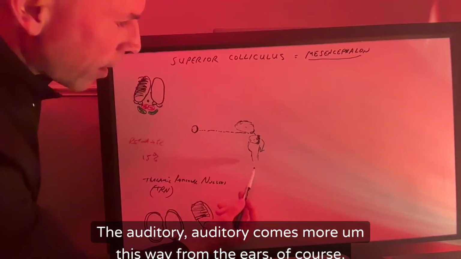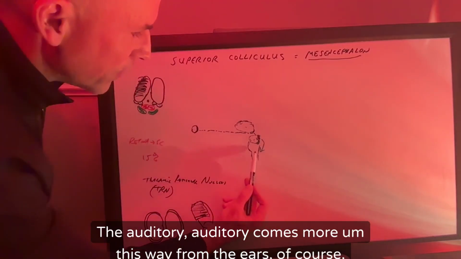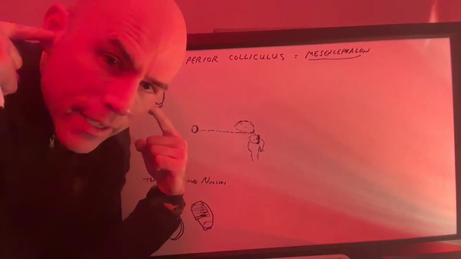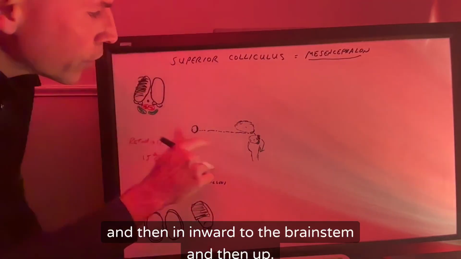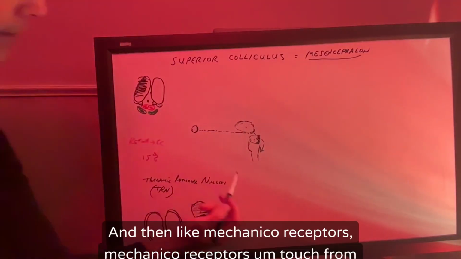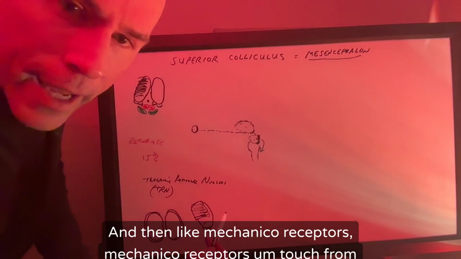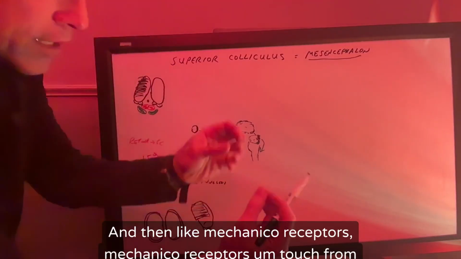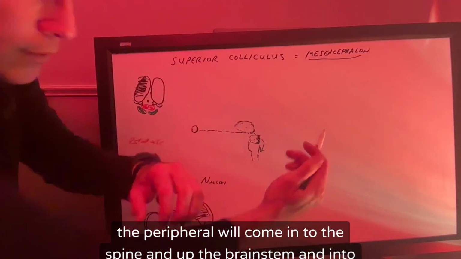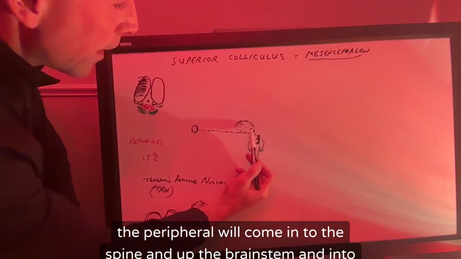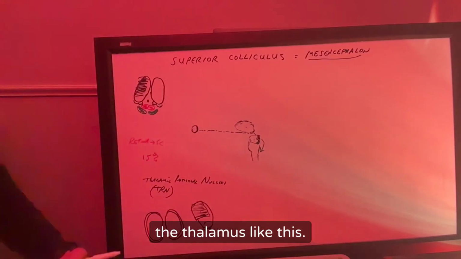The auditory comes more this way from the ears, of course, and then inward to the brainstem, and then up. And then mechanoreceptors, touch from the periphery will come in through the spine and up the brainstem and into the thalamus like this.